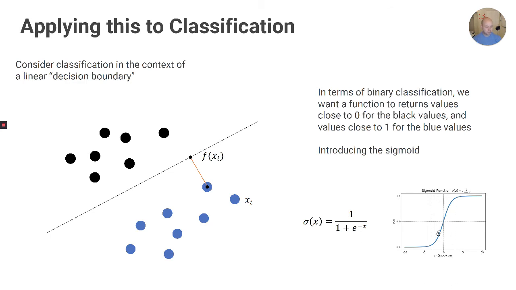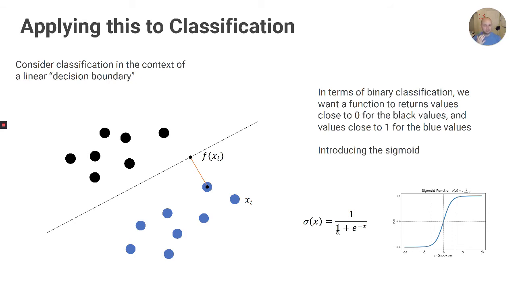As you can see here on the right, for values that are getting close to infinity, the sigmoid function saturates at the value of 1. And for values that are getting to negative infinity, it saturates at the value of 0. So this is perfect, right?